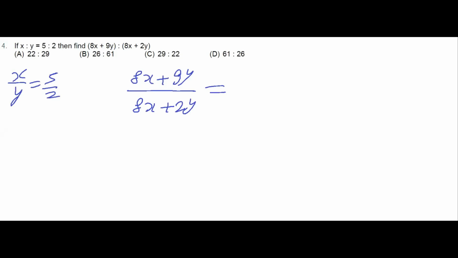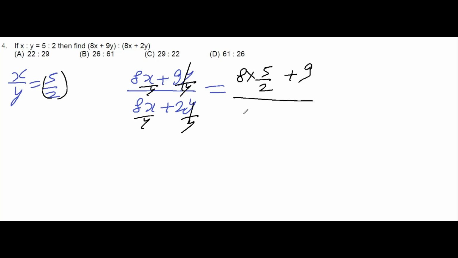So what I'll do, I'm going to divide by y in the numerator as well as the denominator. So with this, y will get cancelled, and here I will get x by y into 8. So x by y is 5 by 2. So I can write 8 into 5 by 2 plus 9. Here I will write 8 into 5 by 2 plus 2.